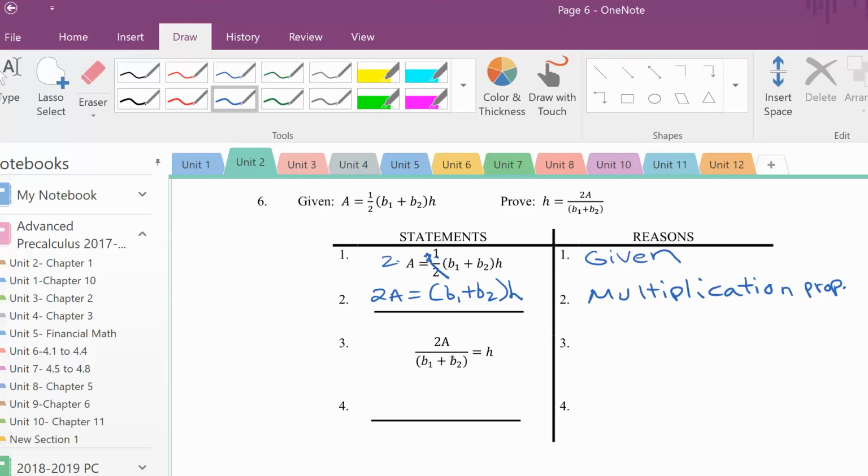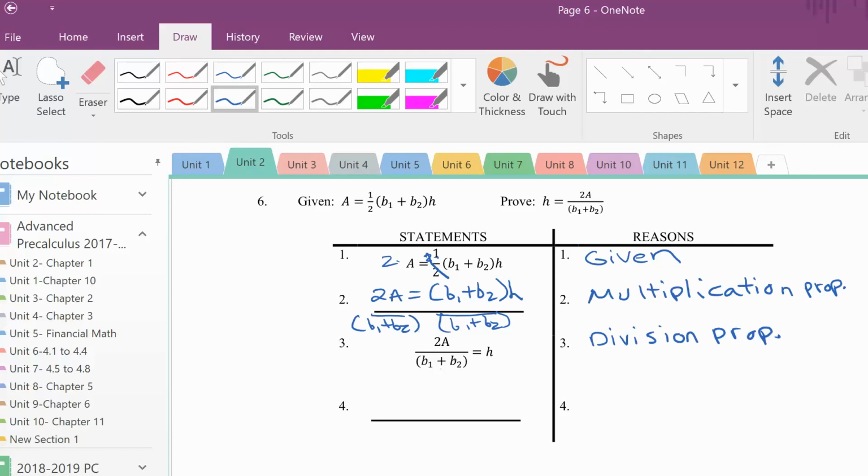All right, so then the next step, notice from here, they divided by B1 plus B2 to get H by itself. So that's the division property. Notice they divided both sides by B1 plus B2. You don't have to write that, but I'm just showing you how that's the division.